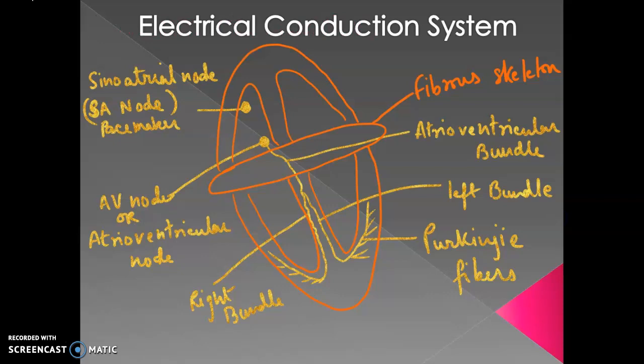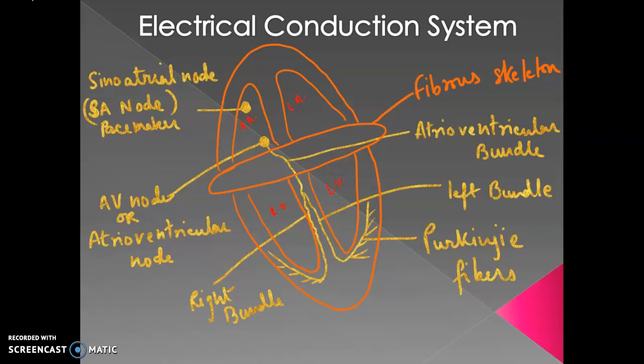Moving on to the electrical conduction system of the heart. Again, you see my alien heart. Looking at this heart, we see the upper two chambers: the right atrium and the left atrium, and we see the right ventricle and the left ventricle.